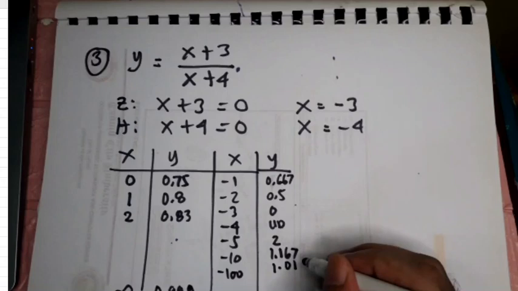Okay. So we can graph the curve like this. So we have x at 2, 3, 4, 5. So the value must be approach 1. The value at 0 is positive 0.75.